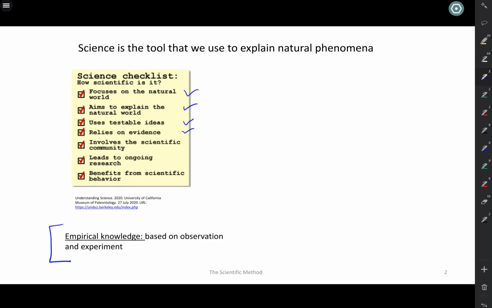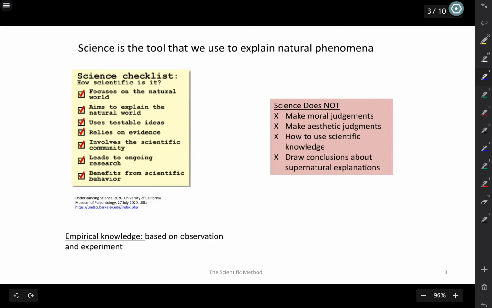Okay, so this is one of the foundational principles of the scientific method: empirical knowledge. Okay? And then we can talk about how science involves the greater scientific community through peer review. Usually it leads to ongoing research, and it, of course, benefits from behaving in a scientific way by using empirical knowledge.